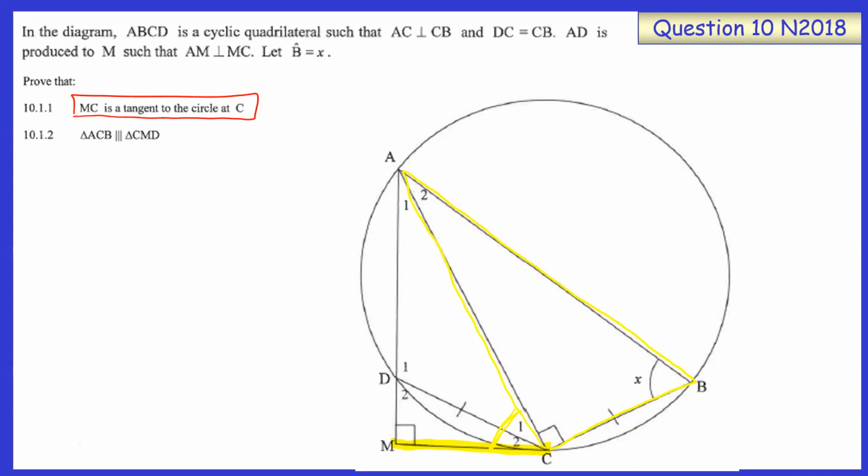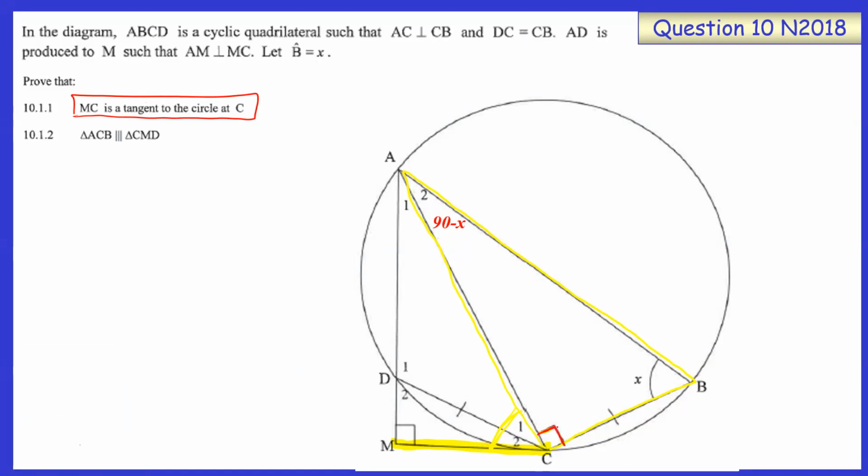All right. 90 minus X. Okay, somebody said A2 is 90 minus X. And the reason is, if one of the angles in a triangle is 90, we're using the sum of angles of a triangle.